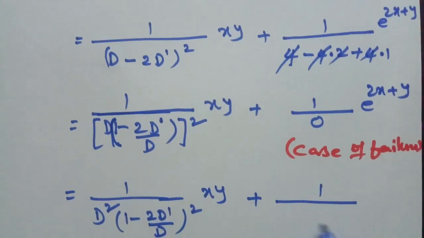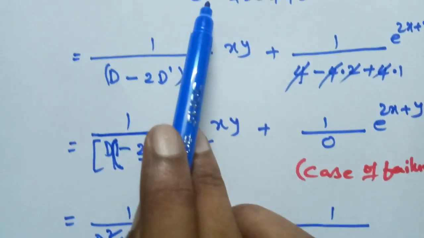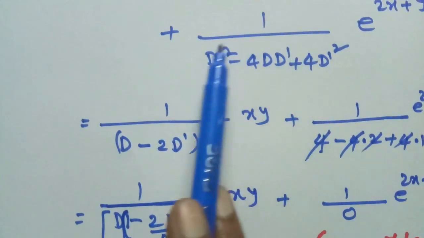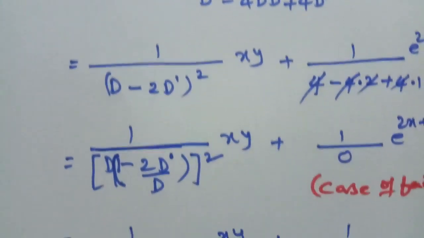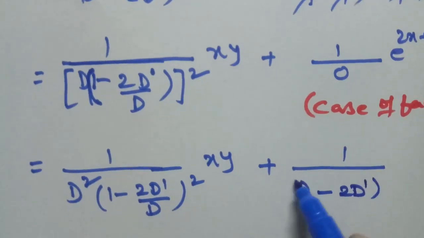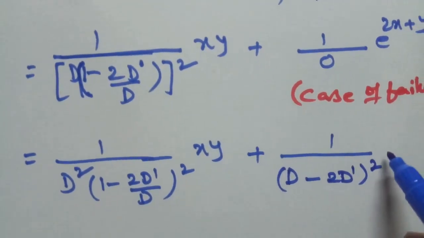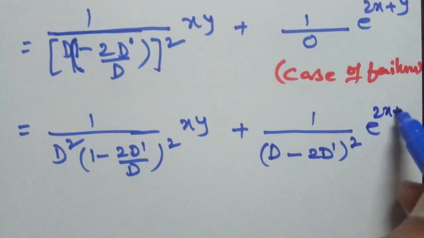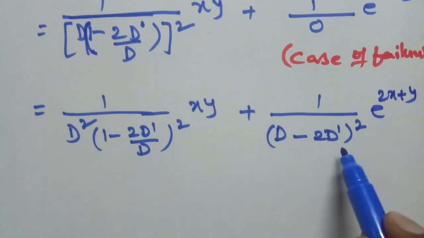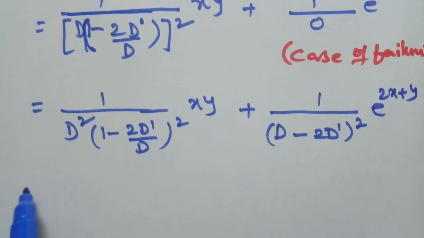Here also the same procedure. So D square minus 4DD dash plus 4D dash square can be written as (D minus 2D dash) whole square into e to the power of 2x plus y. Since the denominator is 0, we are resolving the denominator into linear factors.